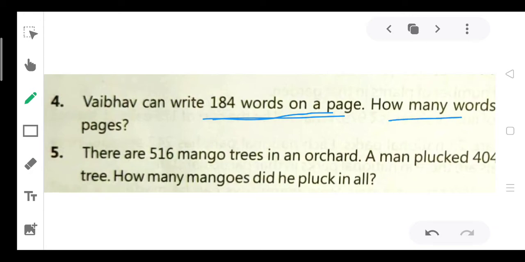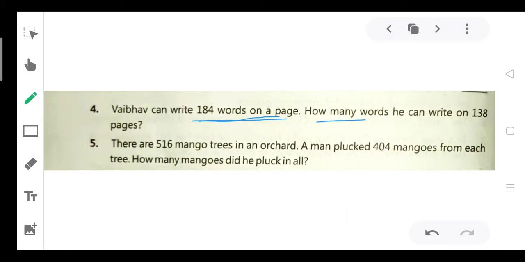How many words, see here the question, how many words can he write on 138 pages? One page's words are given, 138 pages' words we have to find out. It means here we will multiply, because one thing's value is given and many things we have to find out.